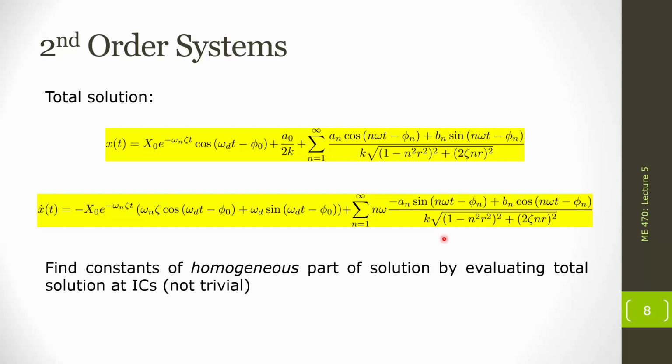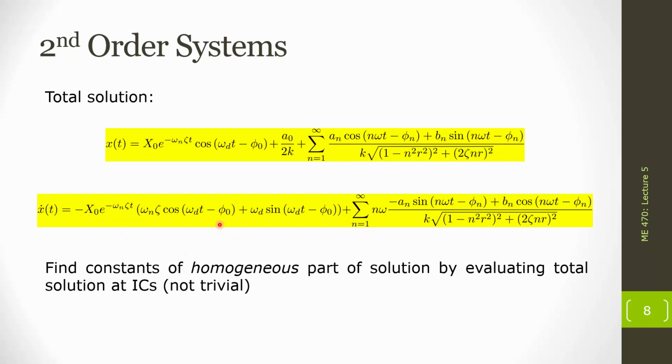Now this is not trivial to do because we have to evaluate this probably lengthy particular solution for each of them. And as I just said, depending on how many terms we use, the particular part of this could be slightly bigger, slightly smaller. It will eventually converge, but we need to know how many terms to use because that will influence the x naught and the phi naught that we find.